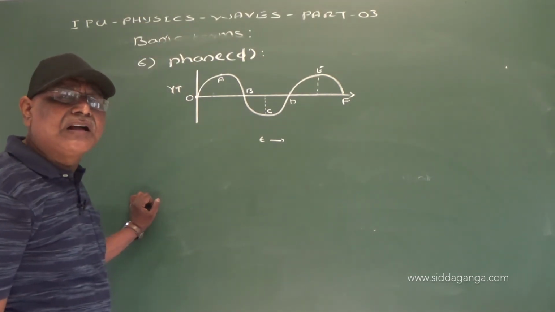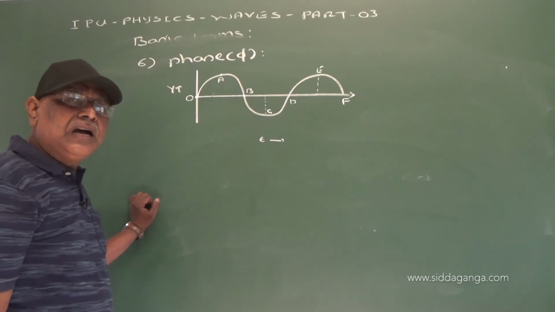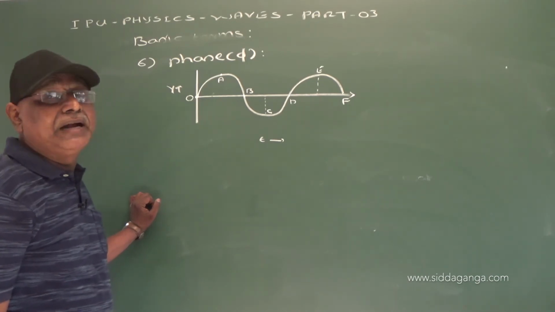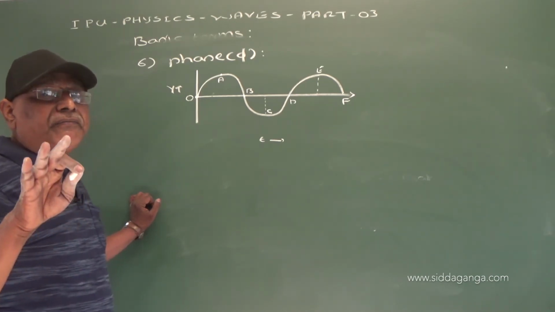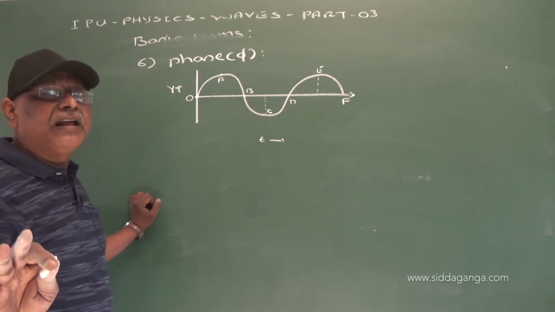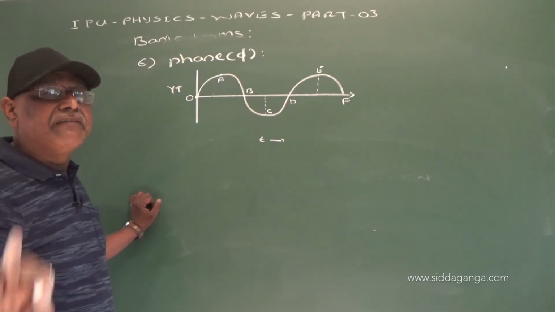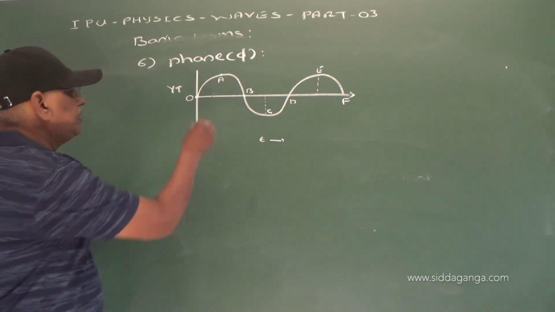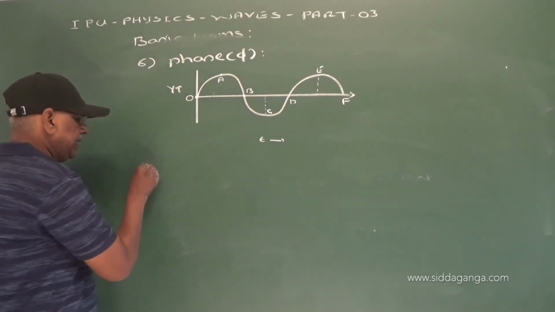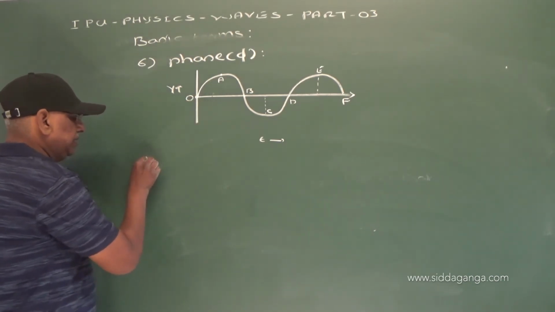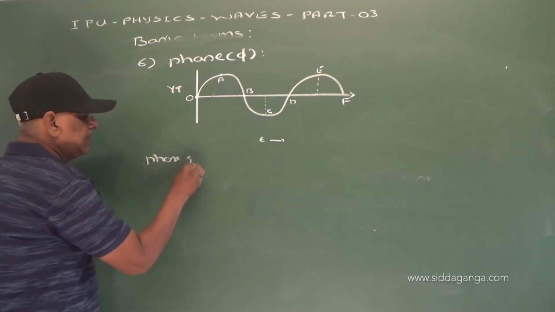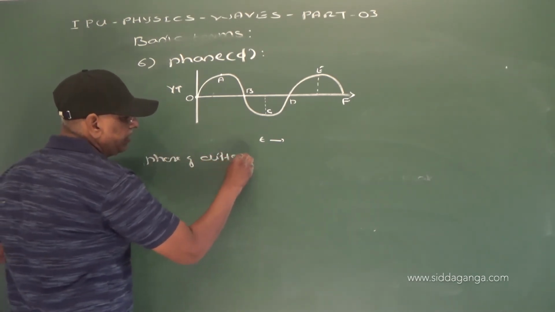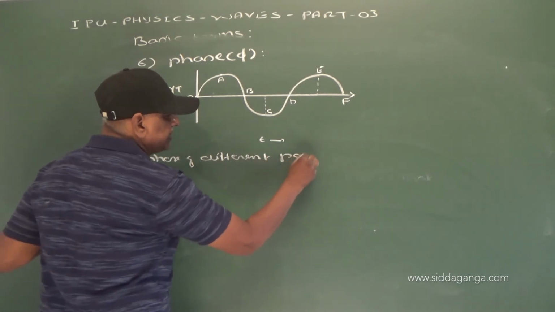All the particles are vibrating about their mean position, but the phase of different particles is different at any given instant of time. So we will take the phase of different particles.